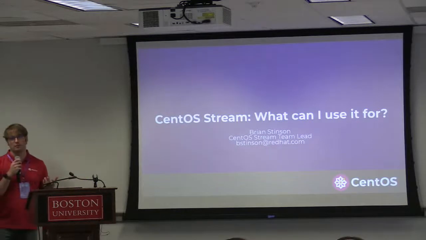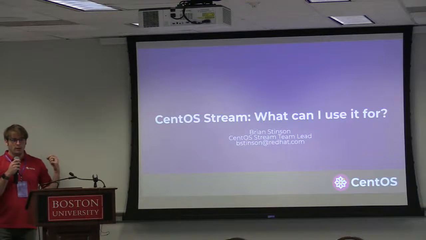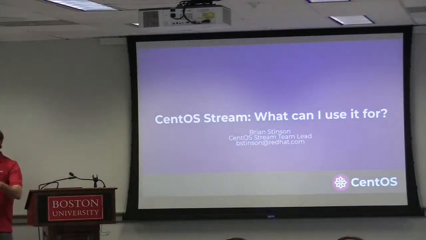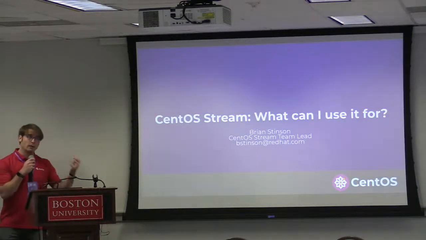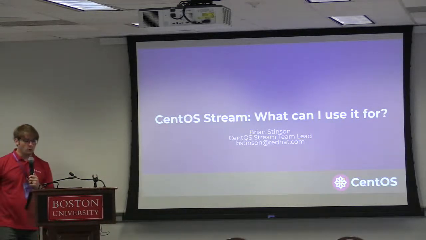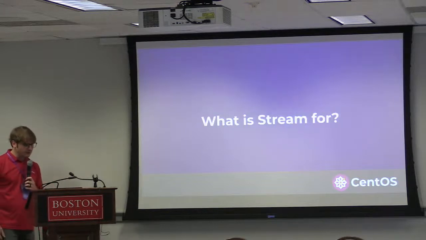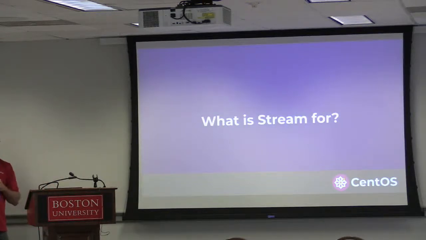What's different about Stream? And we'll talk about maybe some similarities and some strategic differences that we're doing in the project and with Stream itself to highlight what you should be doing.